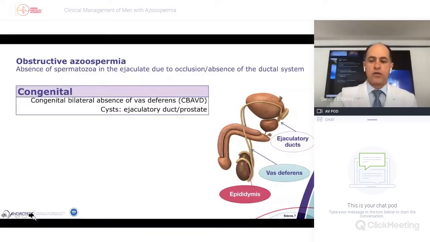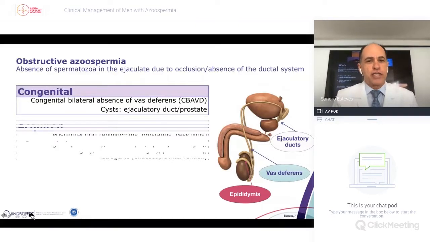So one etiology is congenital bilateral absence of vas deferens, but it's not the only condition related to a congenital abnormality. Sometimes we see ejaculatory or prostate cysts that actually obstruct the ductal system.